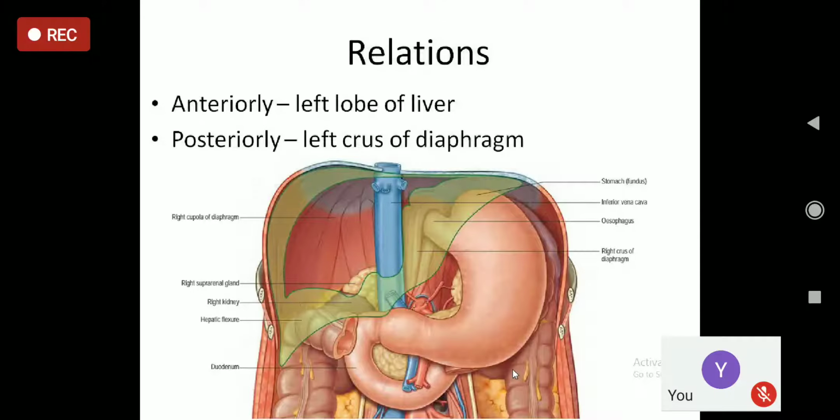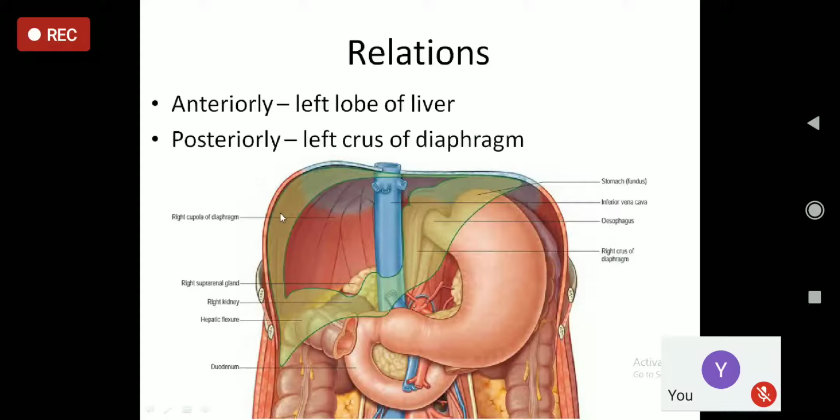Then relation of the abdominal part of esophagus. Now we can see this short portion is the abdominal part of esophagus, which immediately becomes continuous with the cardiac end of the stomach, and here this is stomach, which continues down as the duodenum. This short portion, about 1.25 centimeter in length, is related anteriorly with this green structure here.